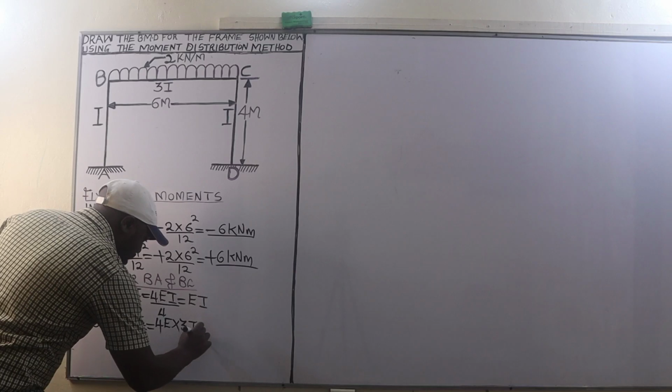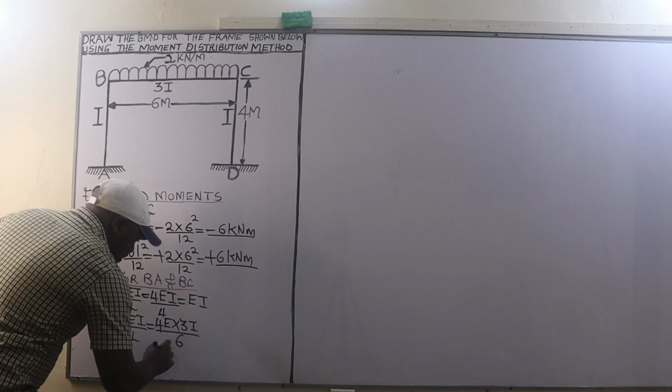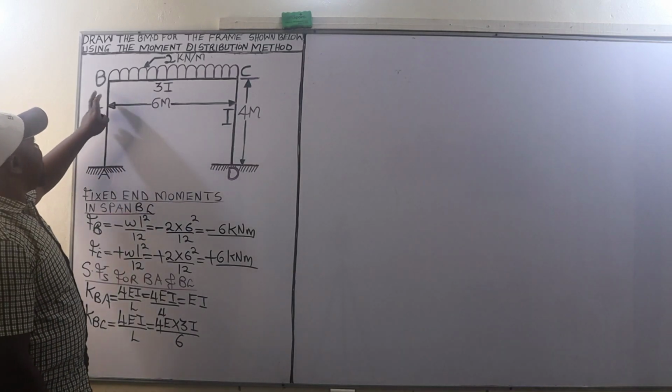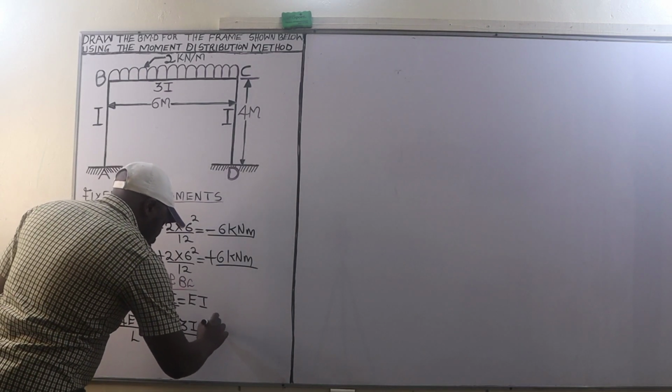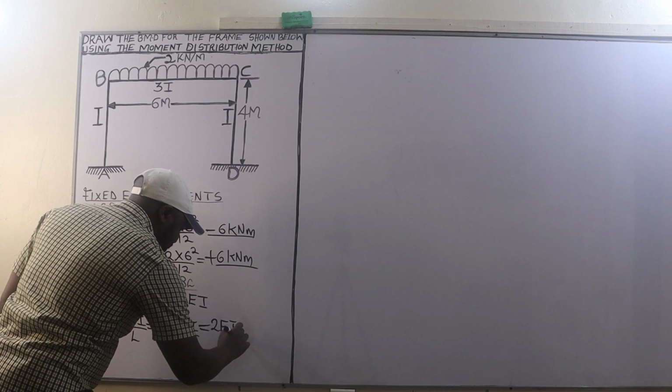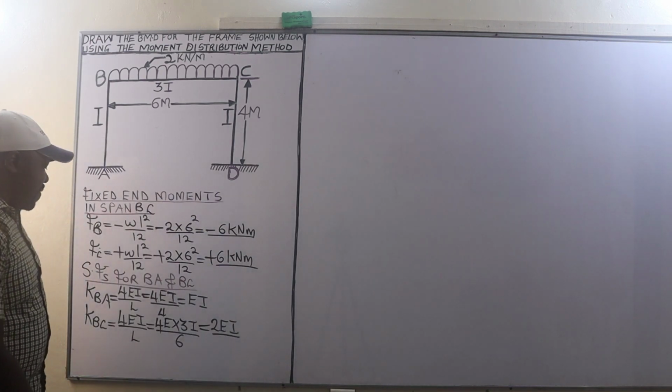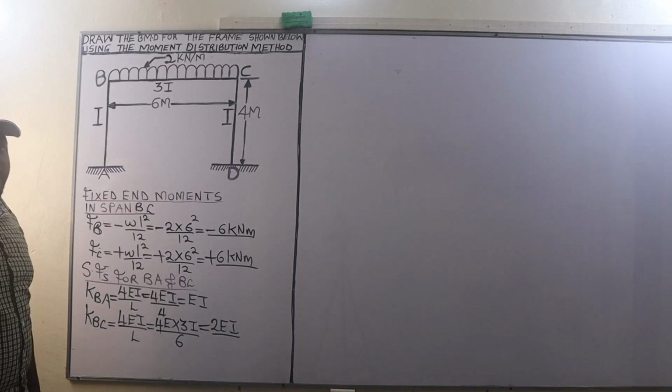So we divide that by 3I all over the span, which is 6 meters from B to C. And this is going to give us 2EI. So that is the stiffness factor for that member.